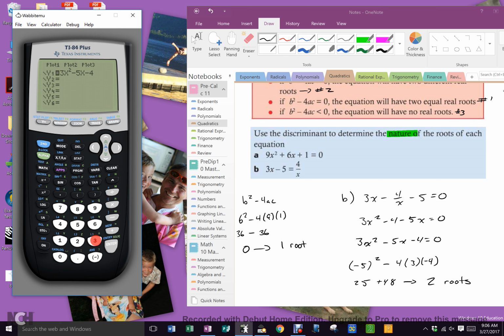New line. 3x minus 4 divided by x minus 5. Does everybody see that this right here is right here?